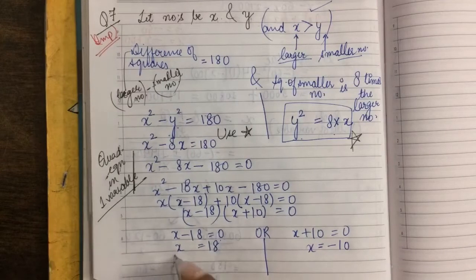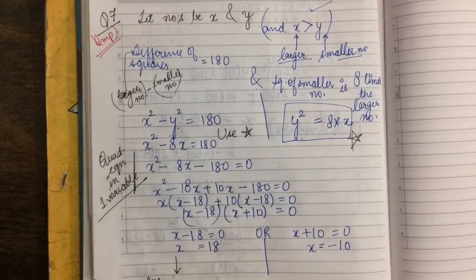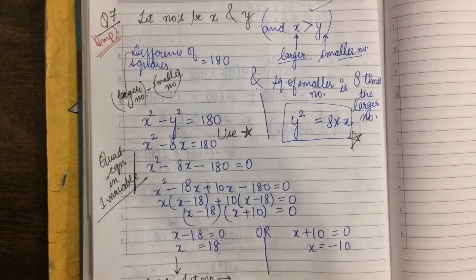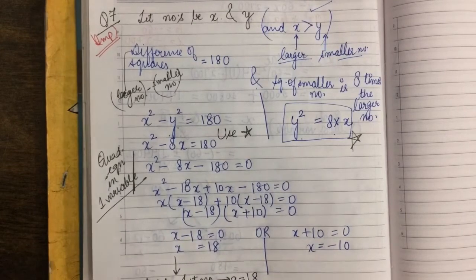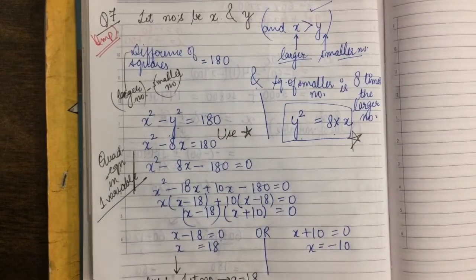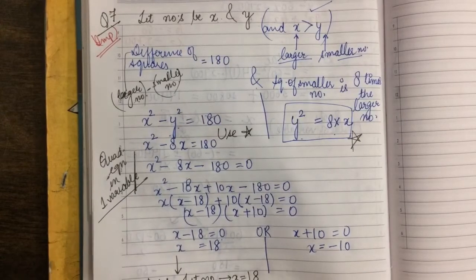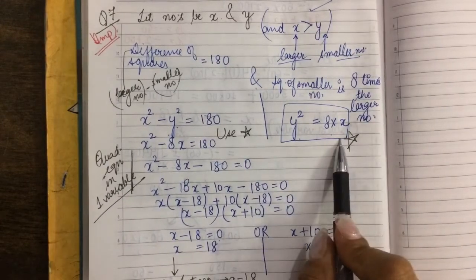So if this is the first number, this will be 18. For second number, use this relation.